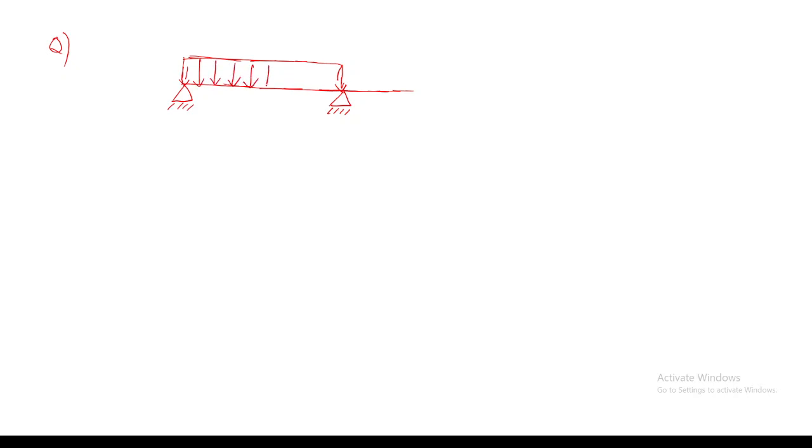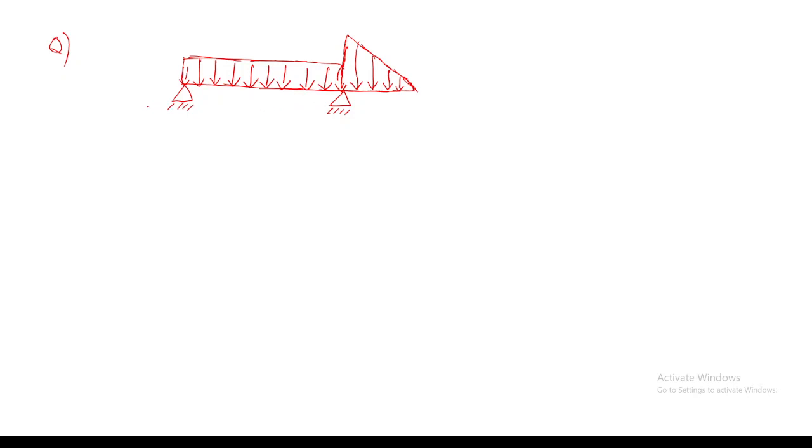Yes, this is a uniformly distributed load. Okay, and then from this part to this, I will be having another load. And this is which type of load? Triangular. Uniformly varying load, or triangular load.